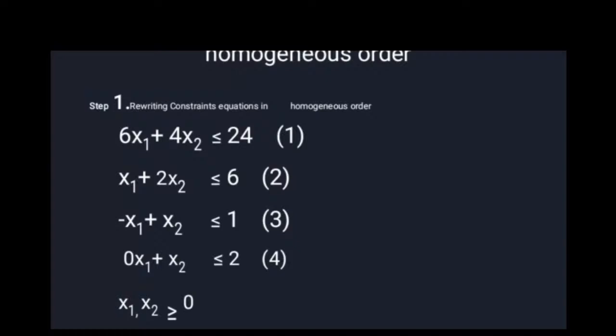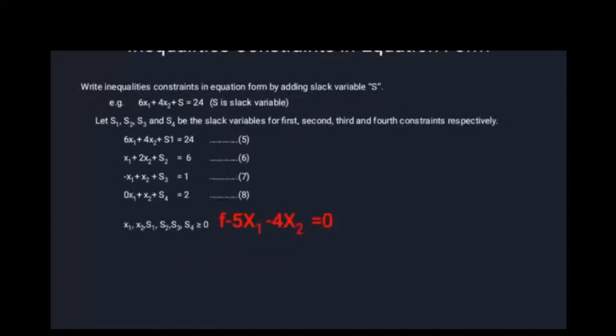So we have to make this equation homogeneous, and to do so we have to add another variable. So we are adding 0x1 to this equation. By adding 0x1, all of our equations are now in homogeneous order. So we move to the next step, which is step number 2.